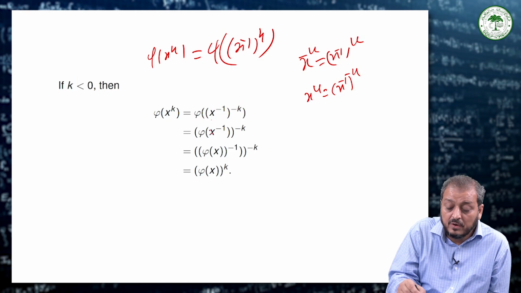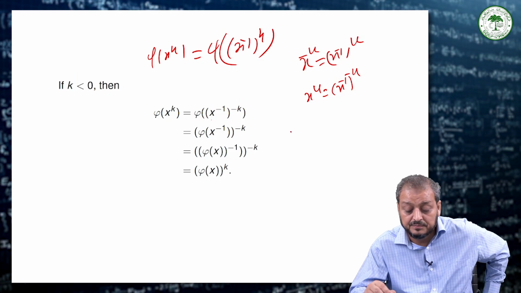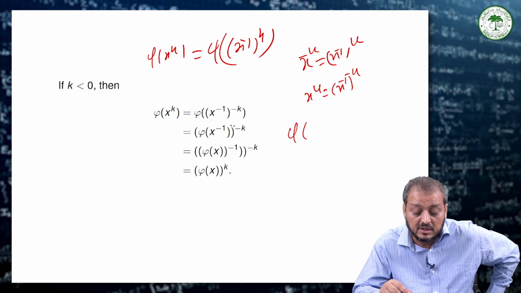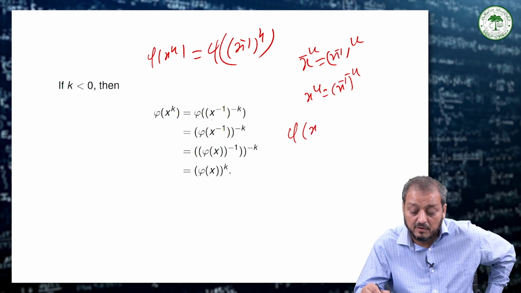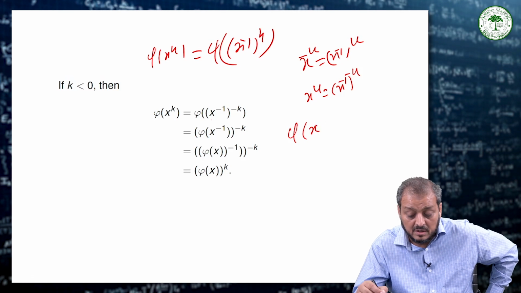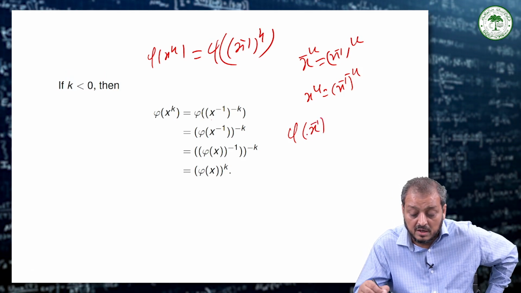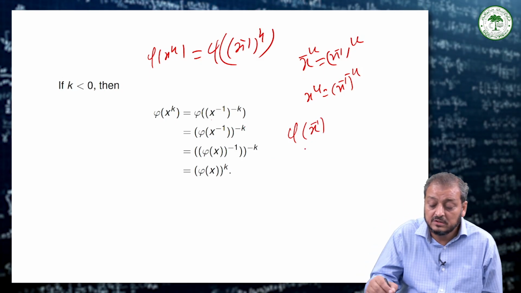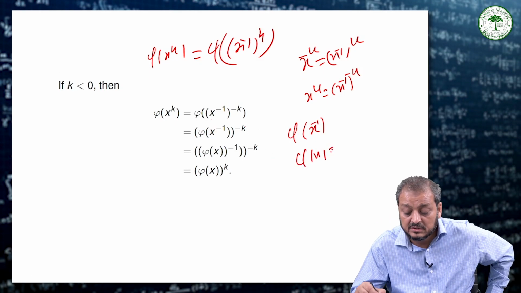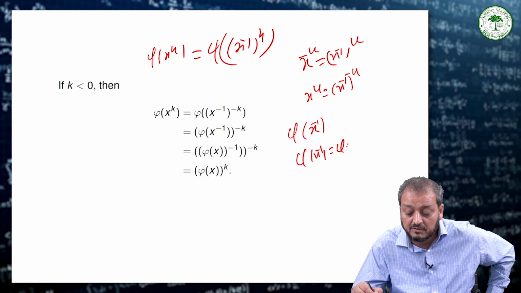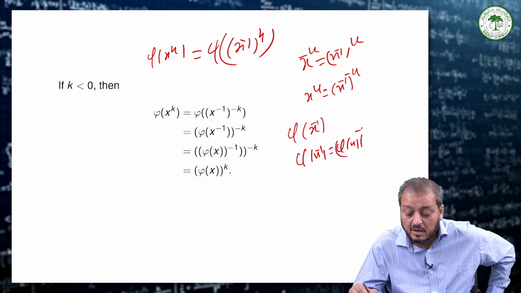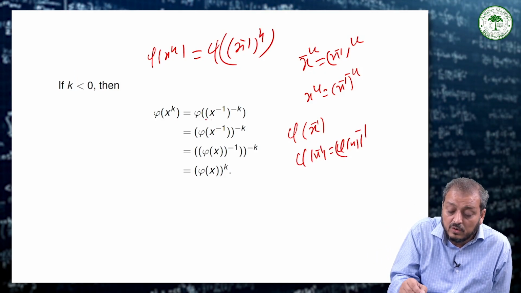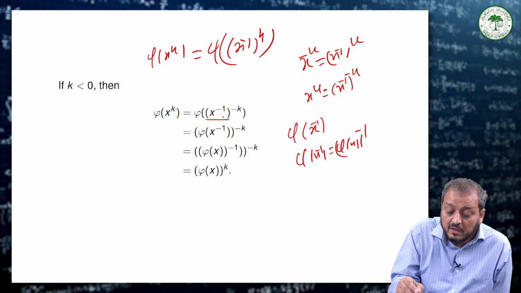Now, because you know that phi of x inverse is equal to phi of x whole inverse, we can write phi of x inverse as phi of x to the power inverse.